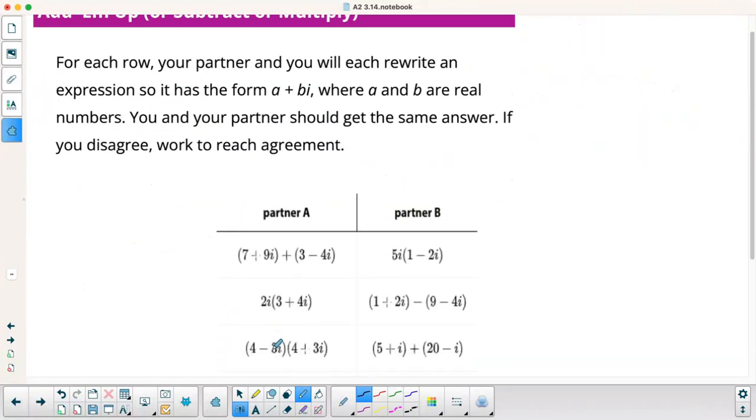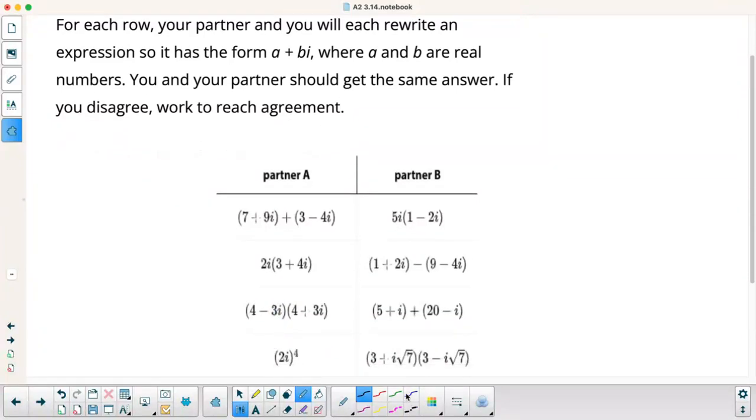All right, for each row, you and your partner will rewrite an expression so that it has the form a plus bi, where a and b are real numbers. You and your partner should get the same answer. If you disagree, work to reach agreement. All right. So this is just addition.